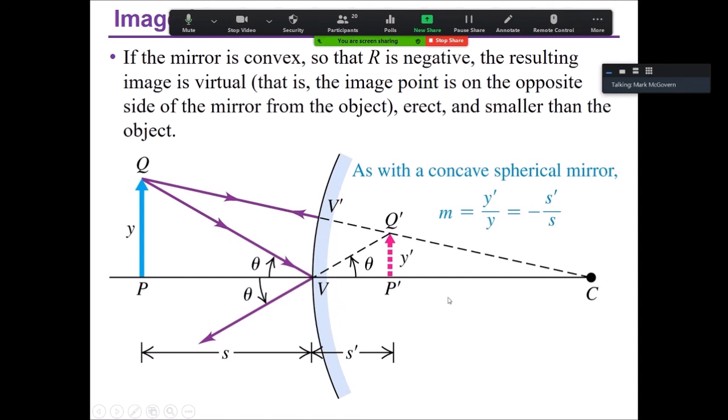Then you have your phi, which is the reflective angle here. And you can work out the same things, but what you find is that you get the exact same equation. Nothing's different for the convex mirror except for R is negative. R is negative. And that's really the only thing you need to be mindful of here, is making sure R is negative and then just properly interpreting the mathematics that you get.